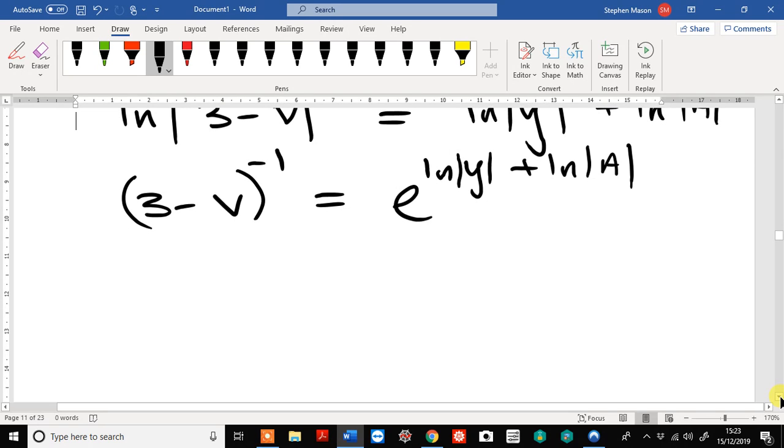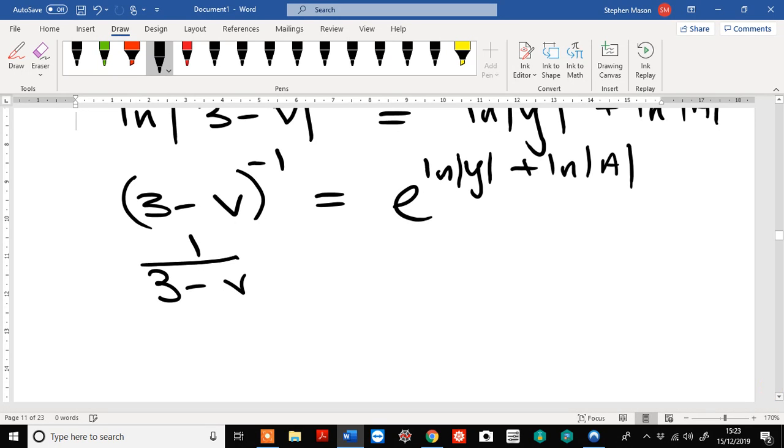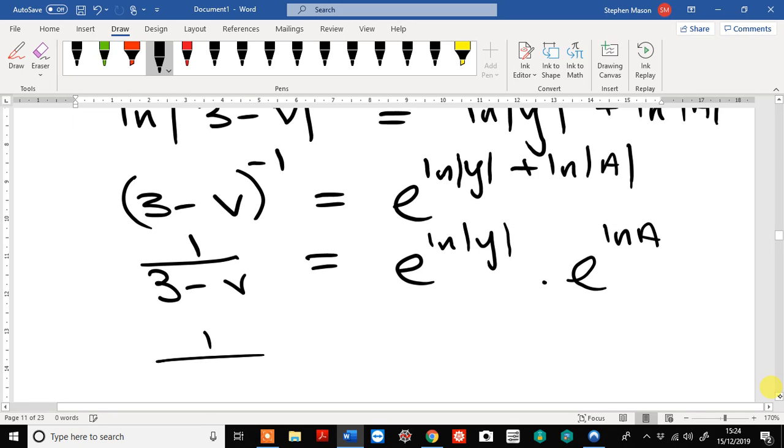So we've got 3 minus v. Well, actually we can write that as 1 over 3 minus v equals e to the log y times e to the log a. The exponential of a logarithm of a number is just that number.